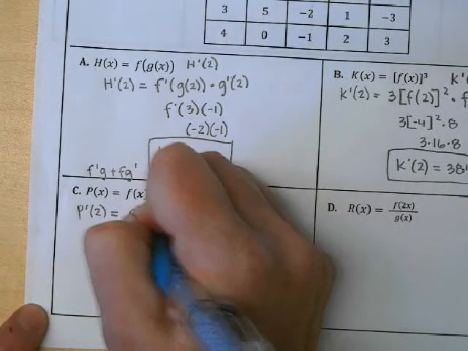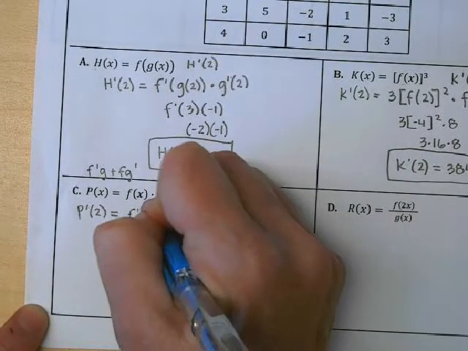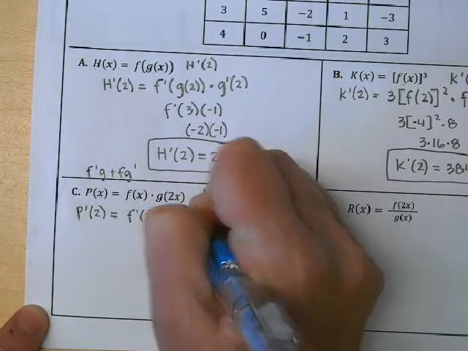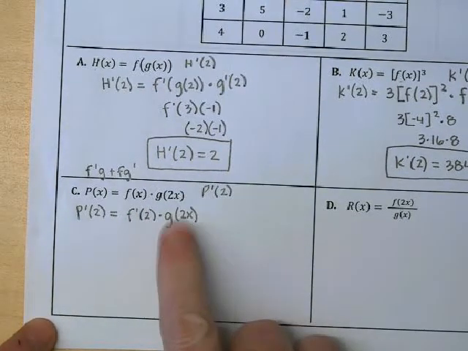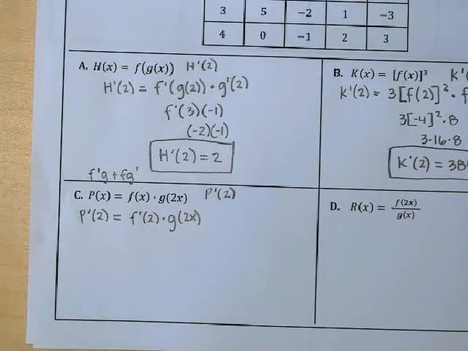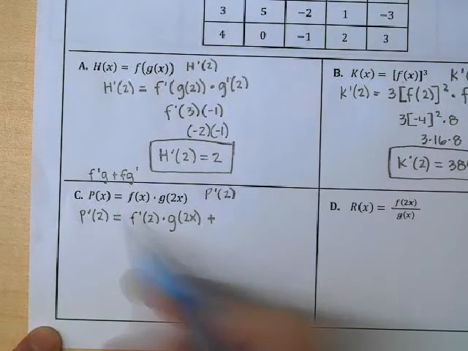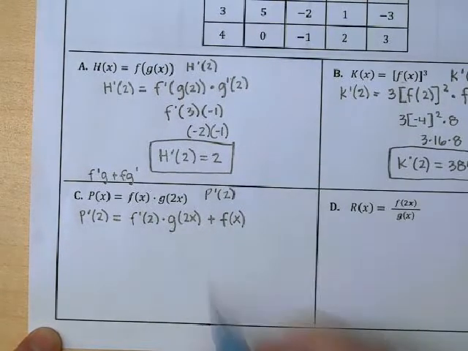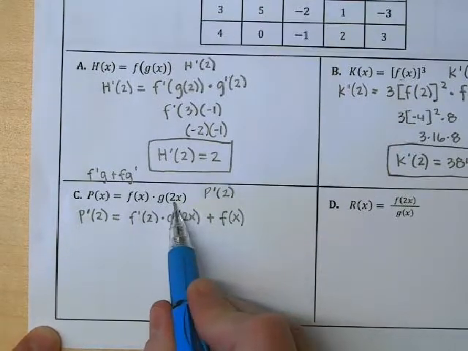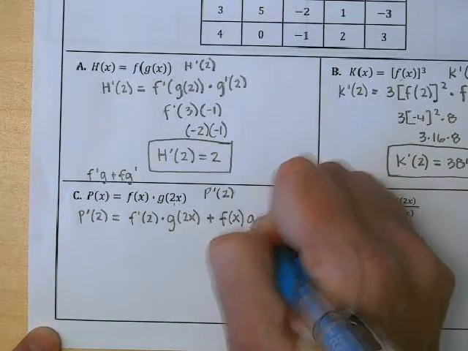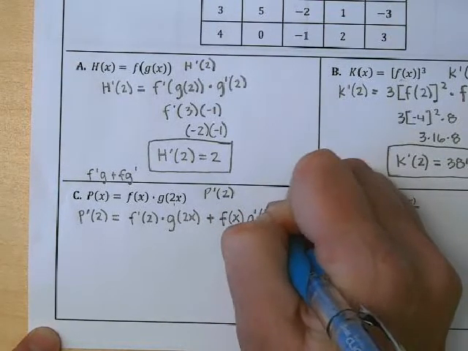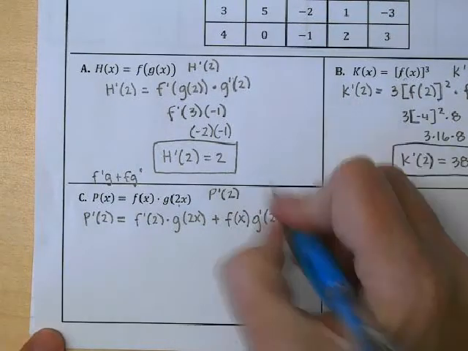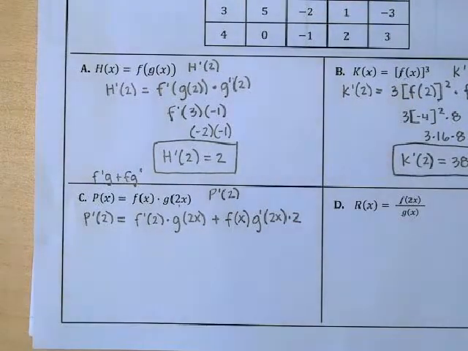So f prime of 2 times g of 2x. I'm not going to use the chain rule there because I didn't have to find the derivative of that. Plus f of x times g prime, leave the baby in, multiplied by the derivative of the baby, which is 2.